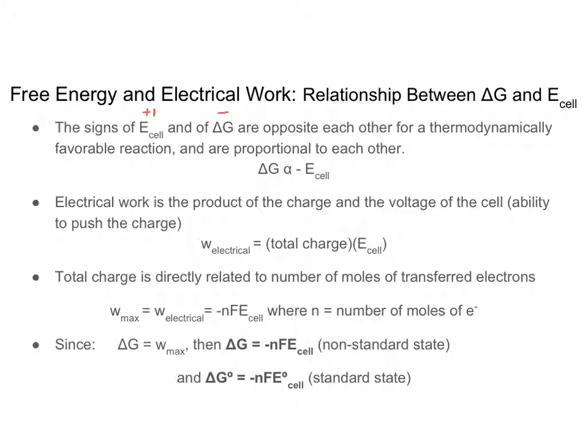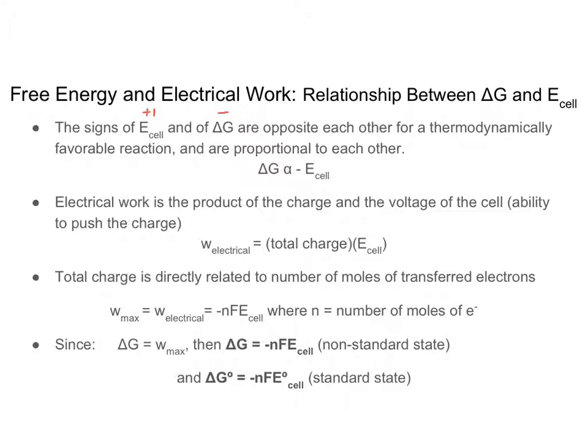So what this is trying to get at is that the change in free energy is proportional to the cell potential. Now, we talked about work earlier this last unit, and electrical work is the product of the charge and the voltage of the cell. That is the ability of the cell to push electrons. So electrical work is equal to the charge times the cell potential.